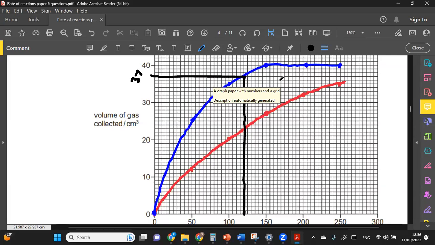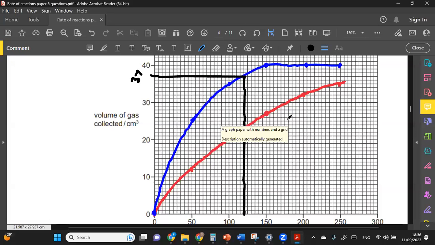Okay, look. What is the maximum we can reach? We can reach 40, right? So at 800 seconds, looking at the shape of the graph, by the time we reach 800 seconds, we would have reached the end of the reaction, right? I mean, we're pretty close. At 250 seconds, I am already at 35.